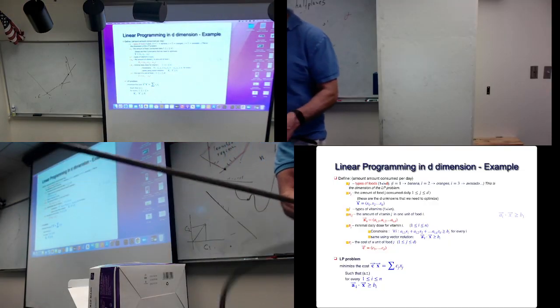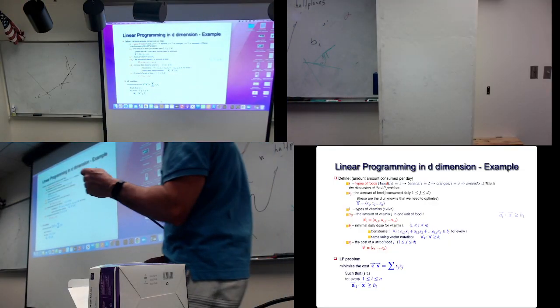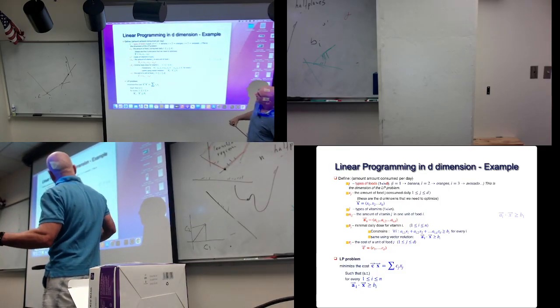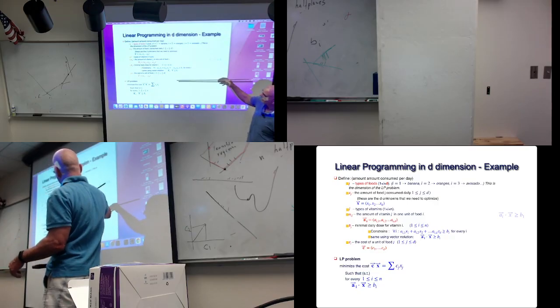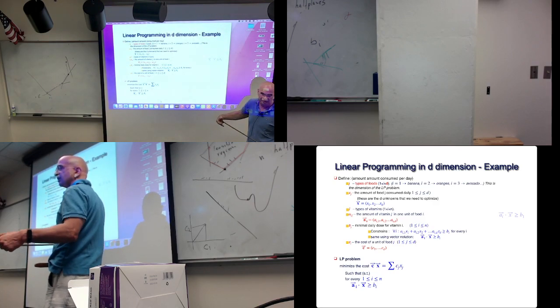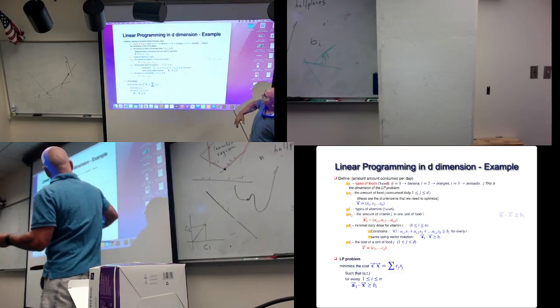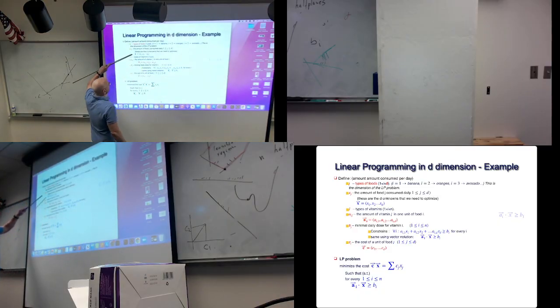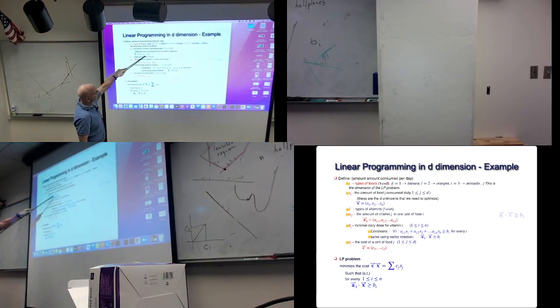So now linear programming with vector notation in higher dimension. Here is a diet problem, but now I have d types of food: bananas, oranges, avocados, yada yada. What I'm looking for, my variable, is a vector x, x1 through xd. These are how many units of vitamin I am eating per day.